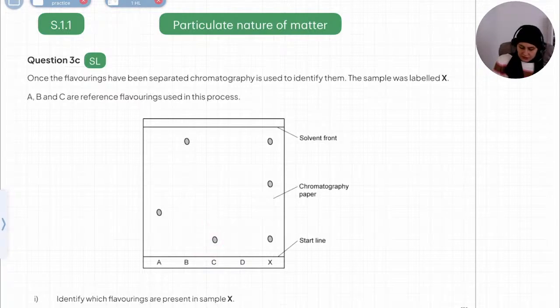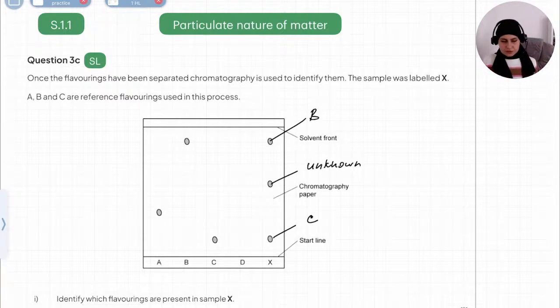Also, we know that B traveled this far, and substance X has a spot at the same level as B, which means that the mixture X contains substance B. And it contained one more substance, which we don't know what it was, because we didn't have any control for it. We know that it didn't contain substance A, because there is no spot here, but it contained something else. So basically this spot is substance B, this spot is substance C, this spot is unknown.